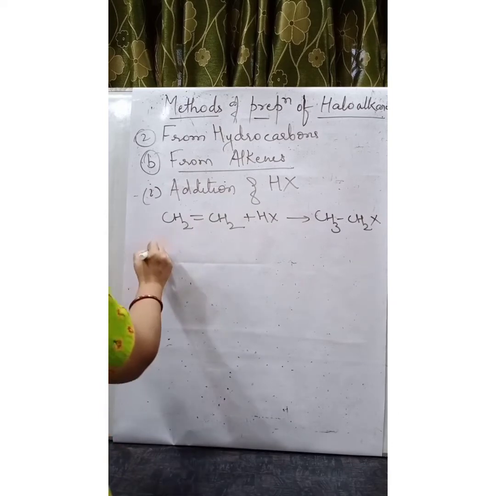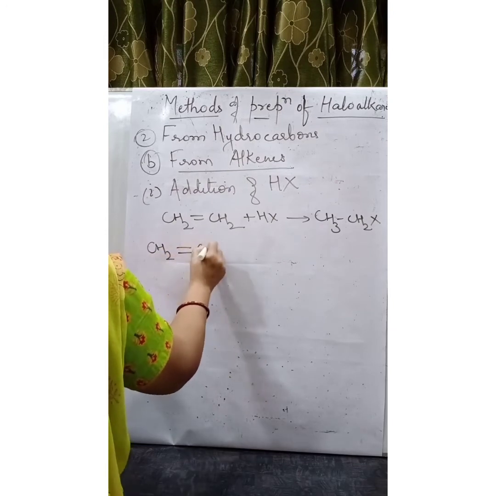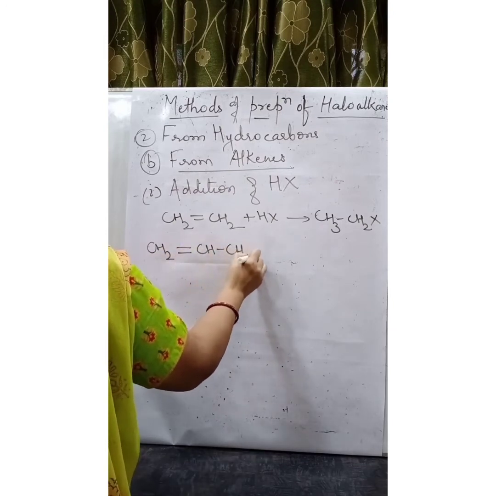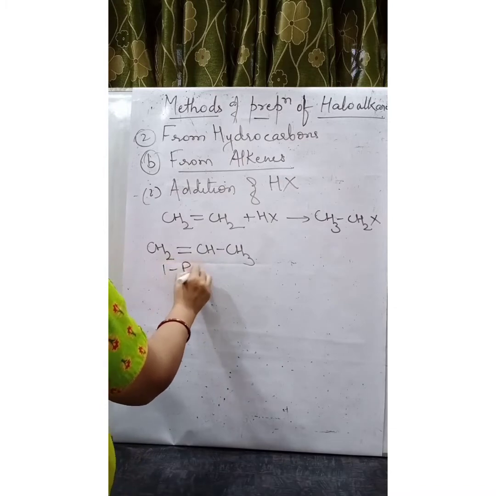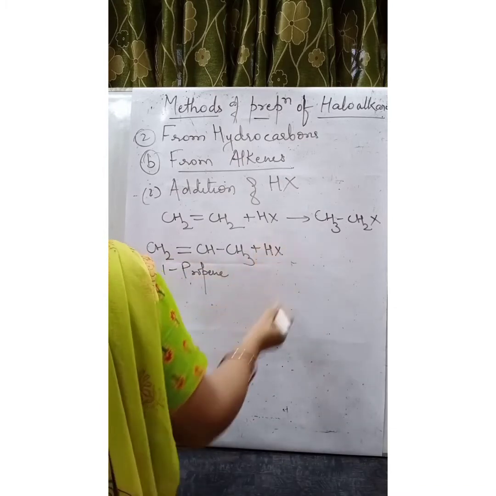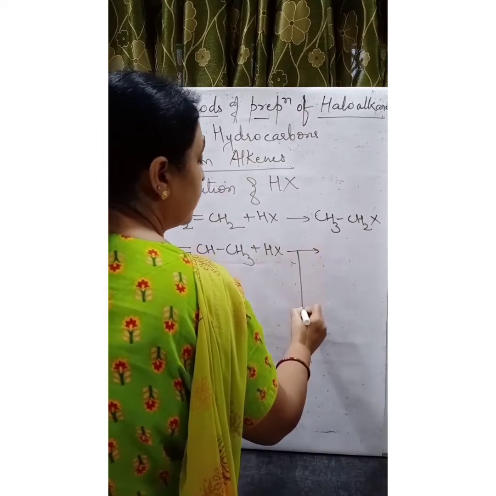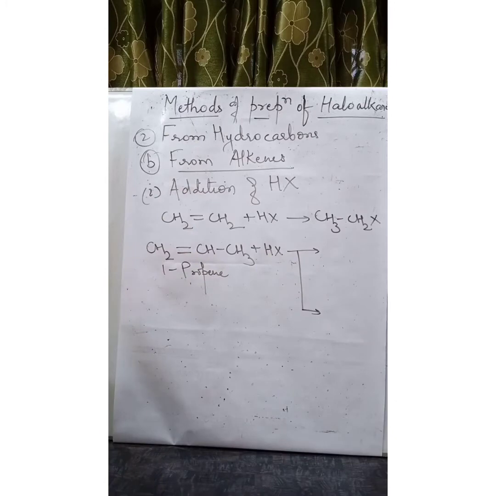But if you take this one, this is 1-propene, and if I am adding an HX here, there are two possibilities, 1 and 2. Now you see, addition always takes place on both the sides of double bond. So this bond is going to break.